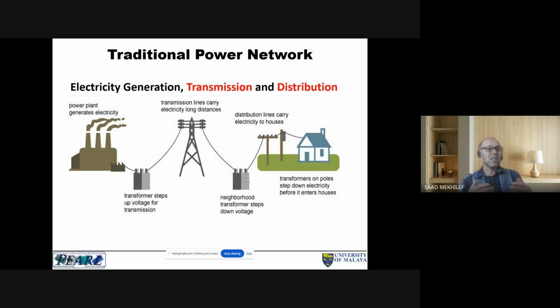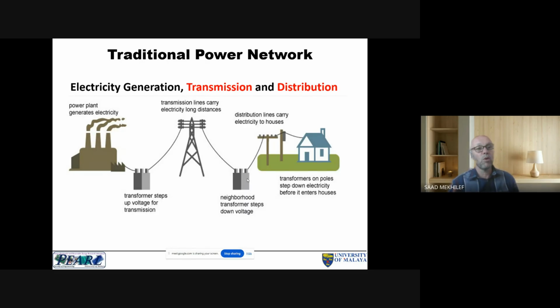So this is the traditional grid. You can see it's one-way, meaning from the generation to the distribution. It is very rigid, meaning you cannot change much. You cannot remove one component of this.